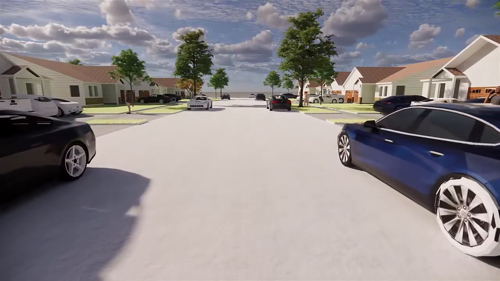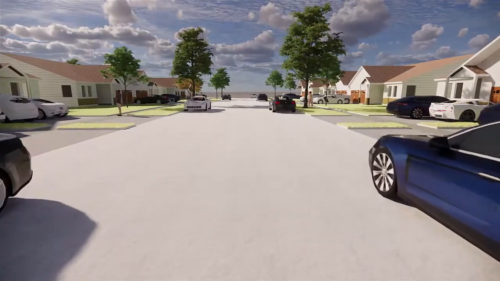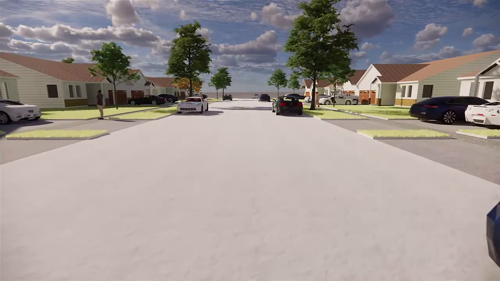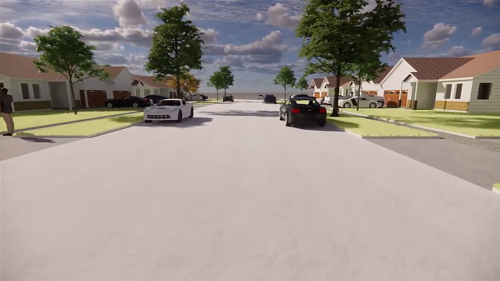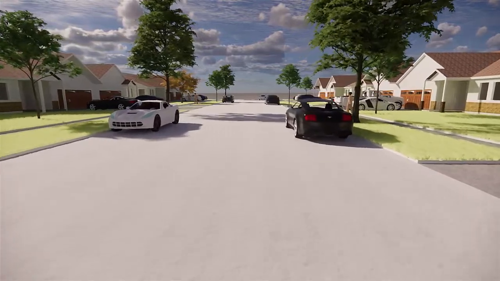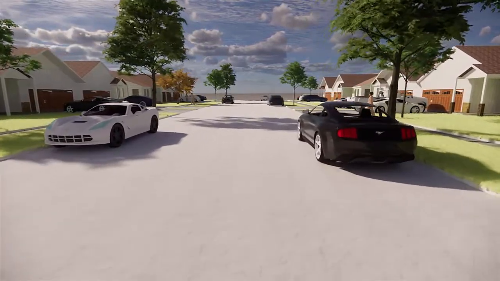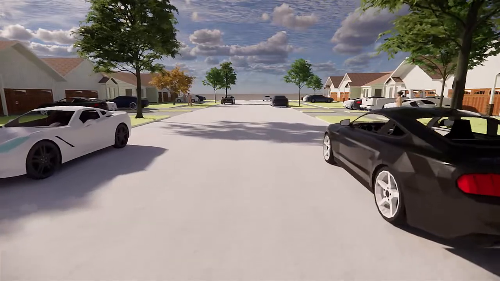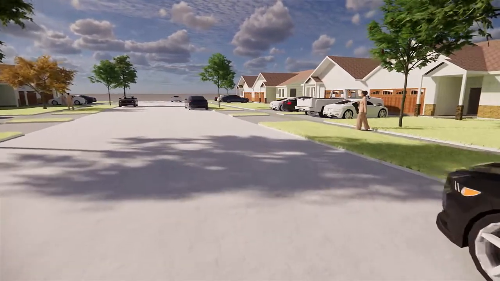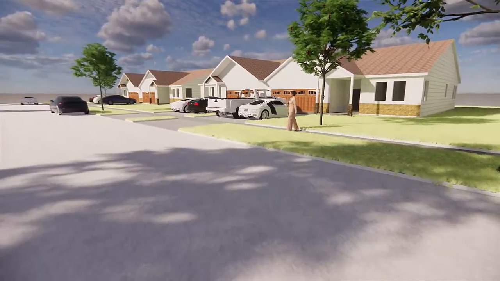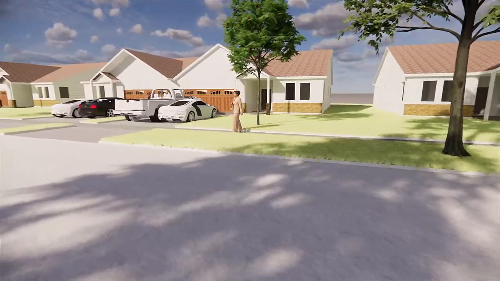Now let's take a look at what everybody knows, and it doesn't take a lot of rocket science to look at a twin home streetscape. It's fairly dominated by parked cars, garages, and massive pavement, and this is the problem: the curb appeal is very questionable on these.